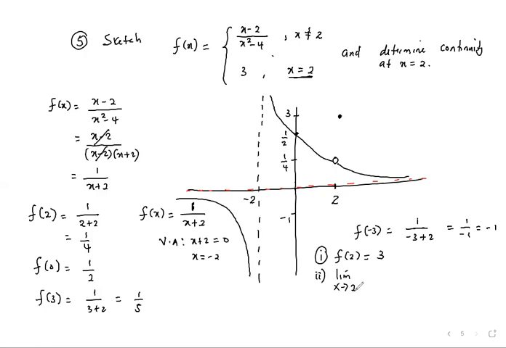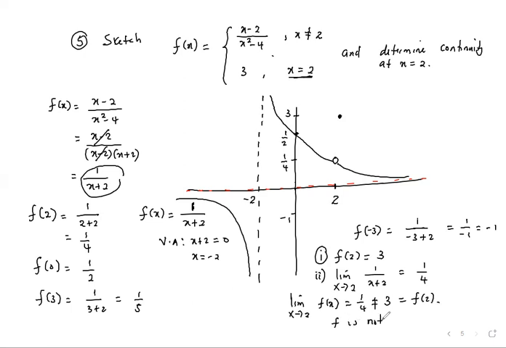If you check the limit as x approaches 2, we only have one piece where there is 2, which is this one. So substitute in 1 over x plus 2, and what we are getting is 1 over 4. So the limit as x approaches 2 of f of x is actually 1 over 4, which is not equal to 3, and 3 is f of 2. What does that mean? f is not continuous at x is equal to 2.